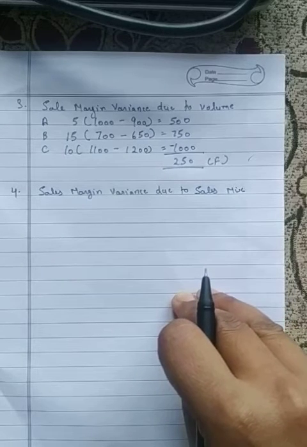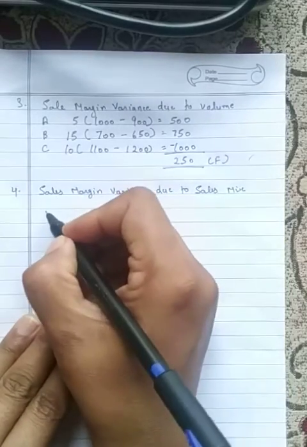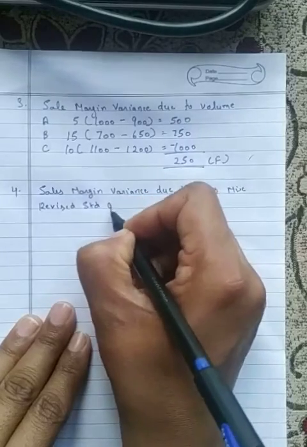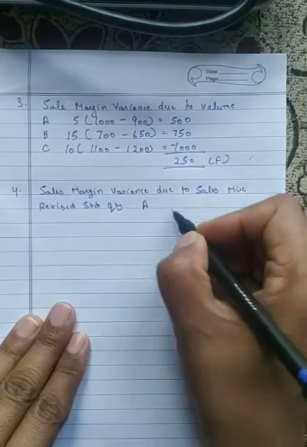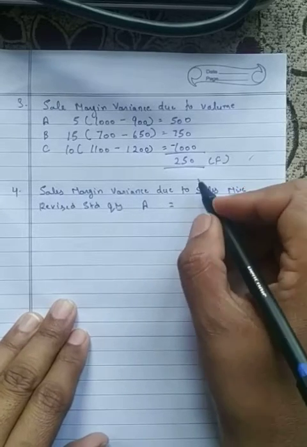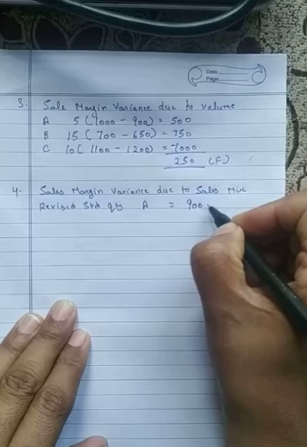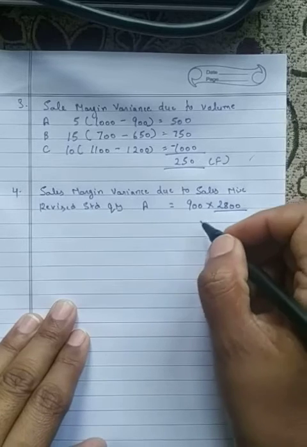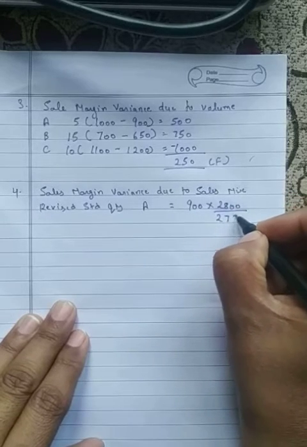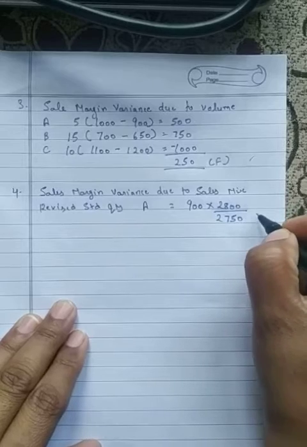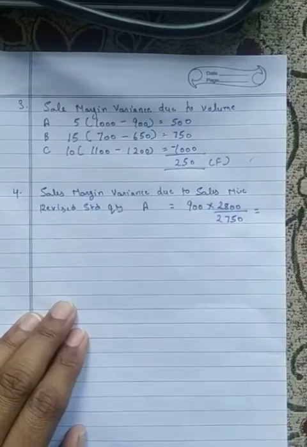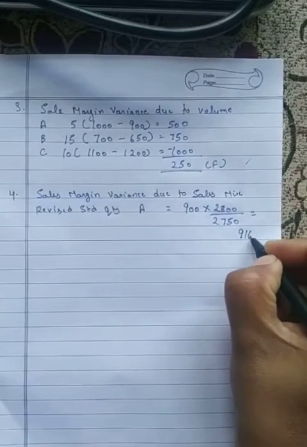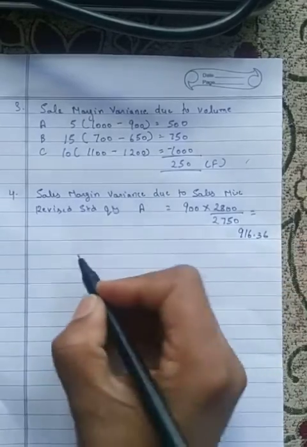To calculate it, first of all we have to calculate the revised standard quantity of A, B and C. Revised standard quantity of A: the standard quantity of A is 900 multiplied by total of actual quantity 2800 divided by total of standard quantity 2750, and the answer is 916.36 units.